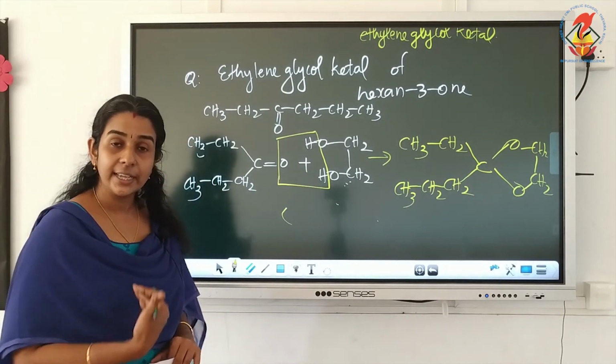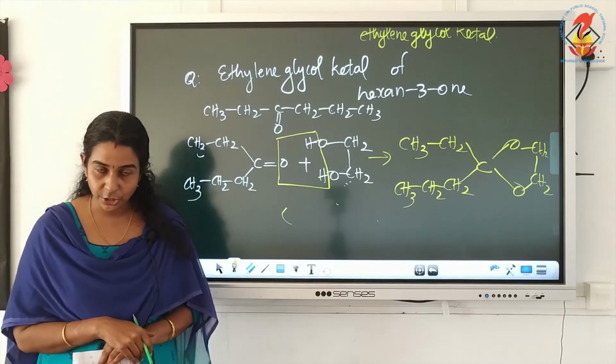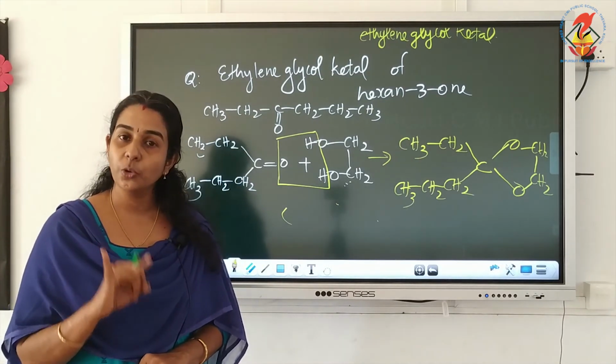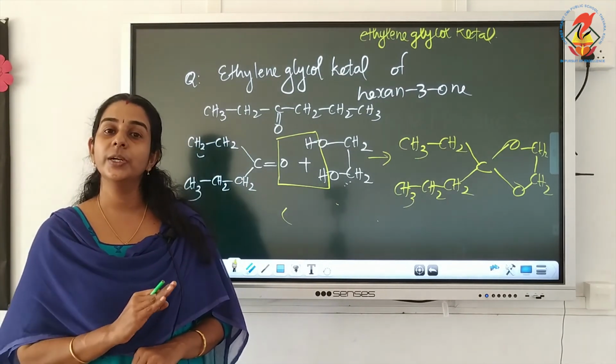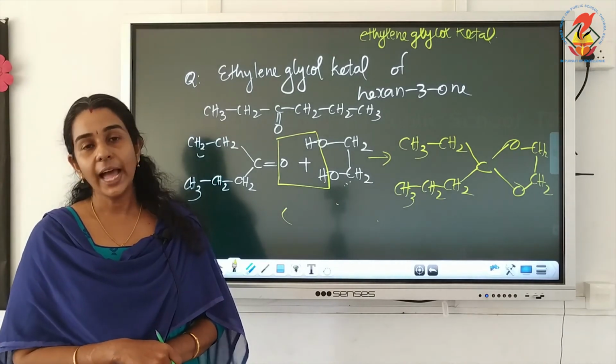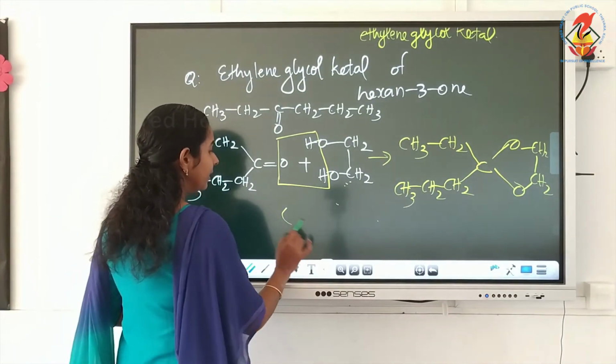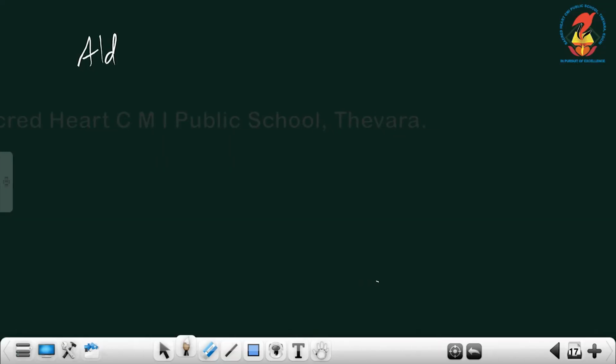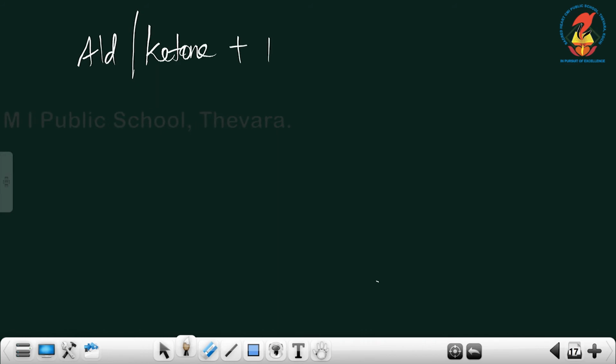So three examples of nucleophilic addition reactions are over. There is addition of HCN, addition of sodium bisulfite, and the third one is addition of alcohols. This we can write as a summary. When aldehyde or ketone reacts with HCN, it gives cyanohydrins.